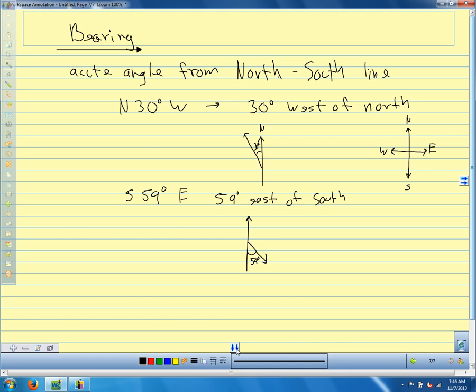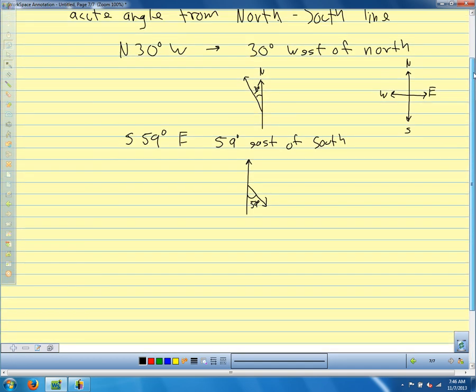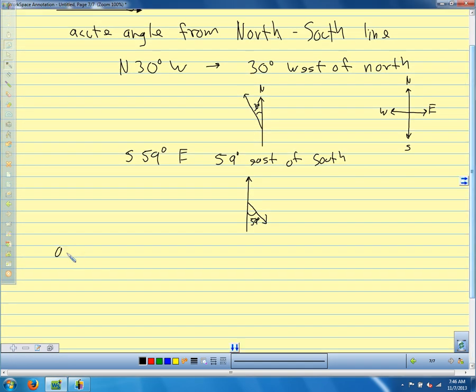In air navigation, they measure bearing a little different way. Air navigation is always measured counterclockwise from due north. So in air navigation, they'll say you're heading at a bearing of 132 degrees.